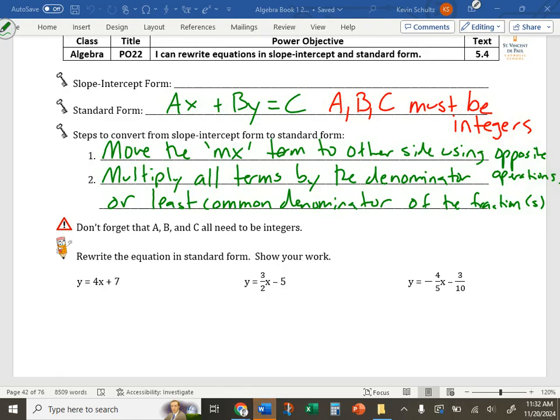Multiply all terms by the denominator or least common denominator of the fraction or fractions.